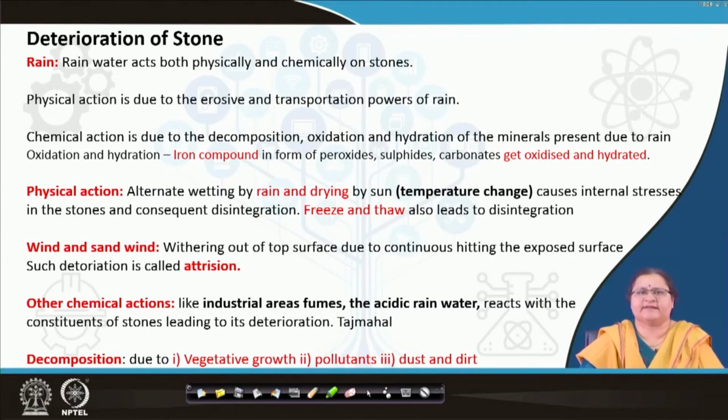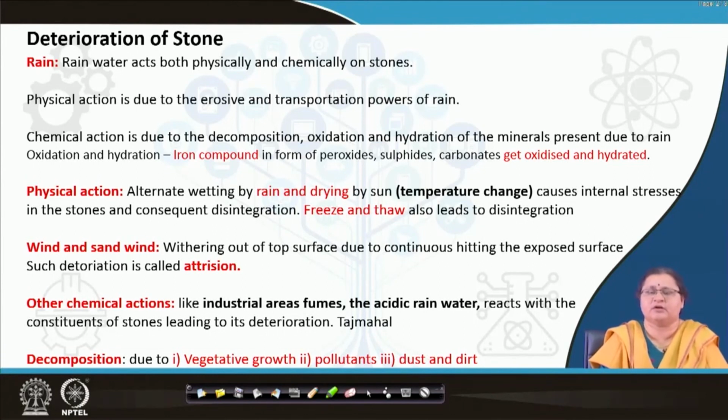So, it faces rain, it faces wind, it faces temperature changes, and hence it might deteriorate. So, how fast one deteriorates, based on that you are going to recommend. Lesser the deterioration, obviously you will recommend those as a building material.